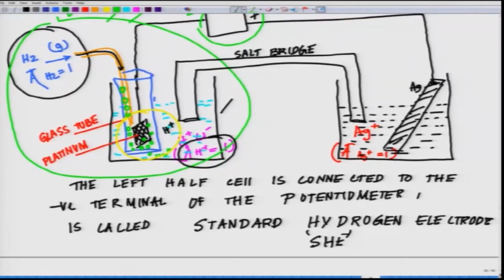So in other words, you have aqueous hydrogen here, saturating the solution, and the activity of the hydrogen gas is unity if the pressure of hydrogen is 1 bar. The reaction that comes to equilibrium at the surface of the platinum electrode is shown here.